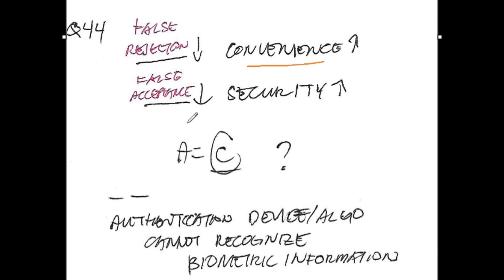And then lower the acceptance of the fake guy. Then that should increase the security. So that's why the correct answer is C. Then something about the device not recognizing biometric information. That's the one for the unsupported rate, but we don't use it in any of the blanks to arrive at the answer.